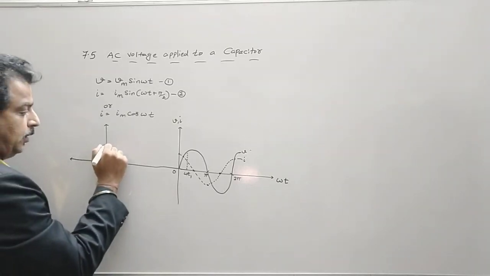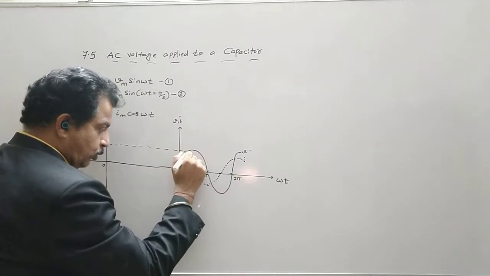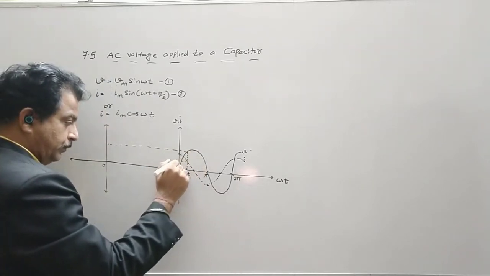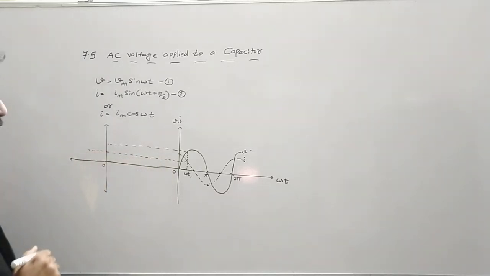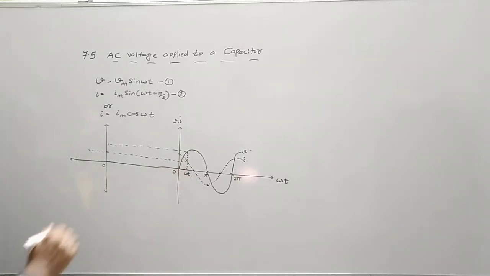Then we take a horizontal line connecting to the V waveform, and a horizontal line connected to the current waveform. Clearly the current should lead, and there is a phase difference of 90.